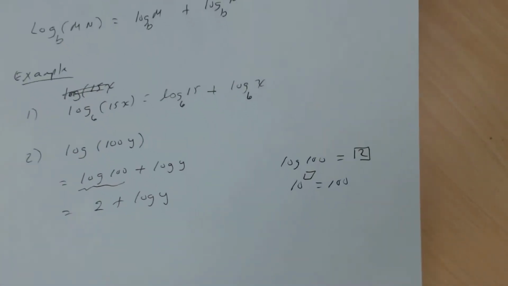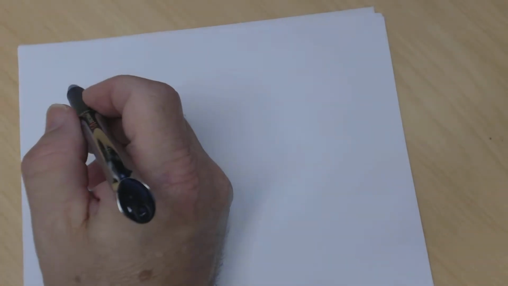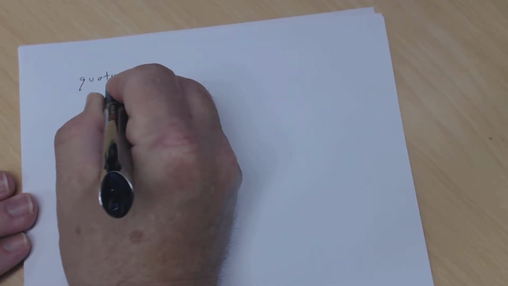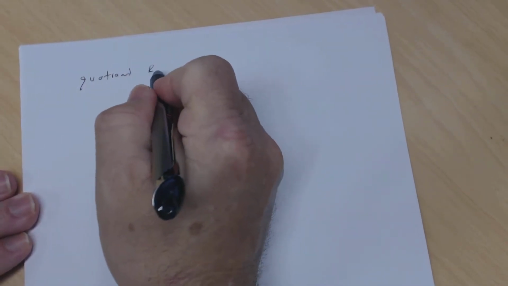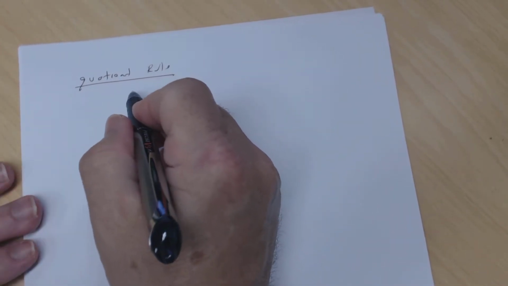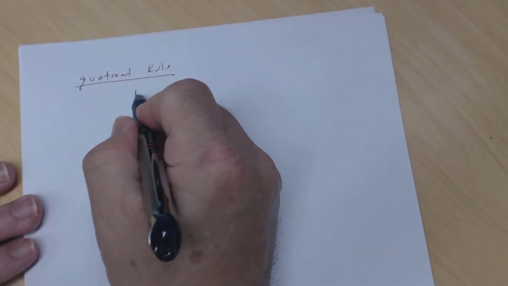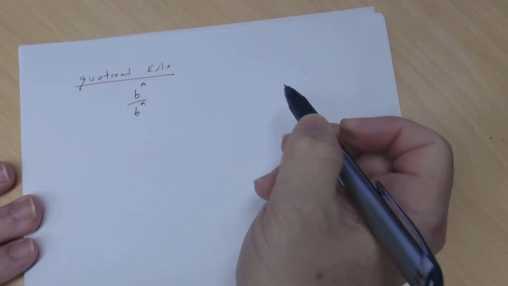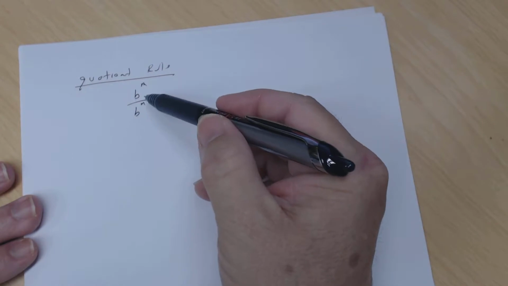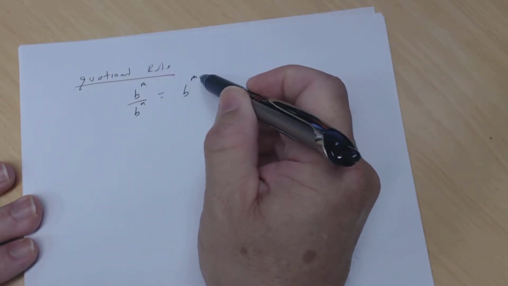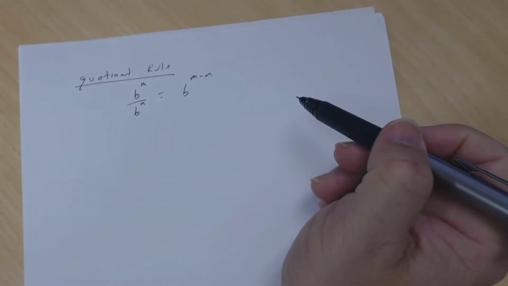Now let's talk about the quotient rule for logarithms. So remember in a previous course, the quotient rule for exponents looks like this. If you have a base raised to the m power divided by the same base raised to the n power. So remember when you divide like bases, you subtract exponents. So this becomes b to the m minus n. So that's the quotient rule.